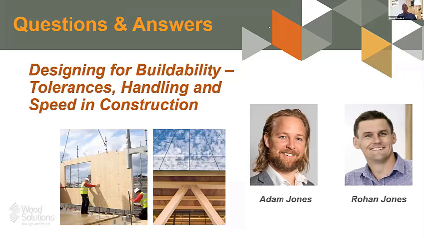Thanks, Adam. Rohan, on one of your slides when you were talking about lifting panels, you showed the slings, which is a really easy way to do it. The picture showed a hole bored through the panel. A question asked there, particularly with the use of CLT for passive house type buildings, which we're getting: what do you do about patching those holes afterwards so you don't have an air problem?